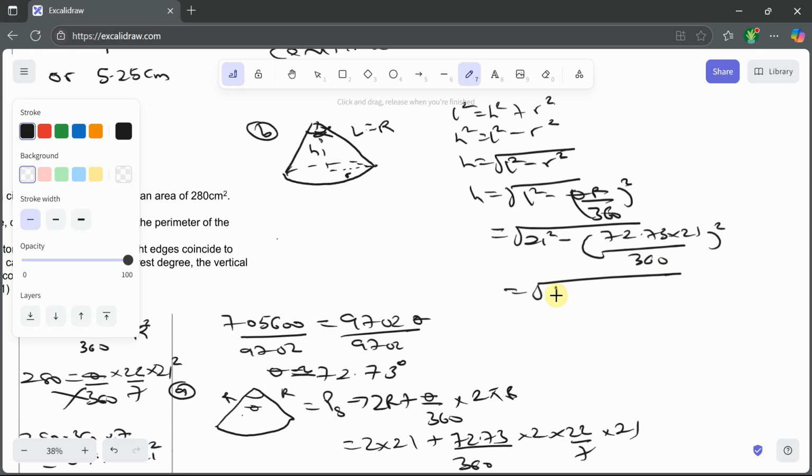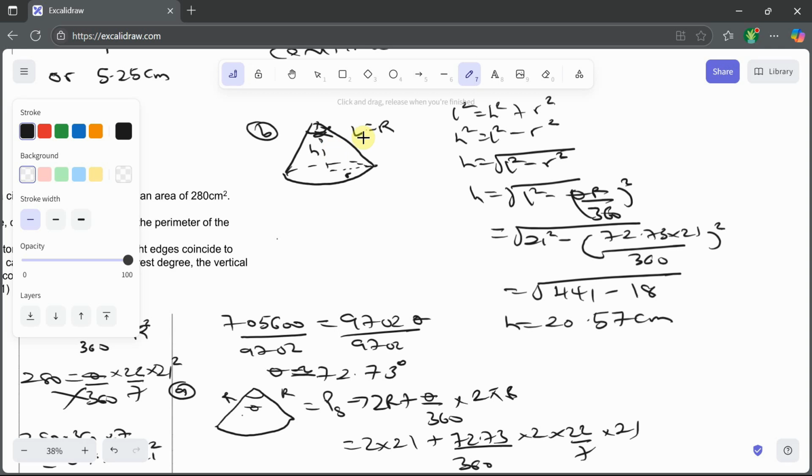That is 441 minus 72.73 times 21 divided by 360, squared. That will give you 18, right? So the square root of 441 minus 18 gave me 20.57 centimeter. Of course, these are approximations.